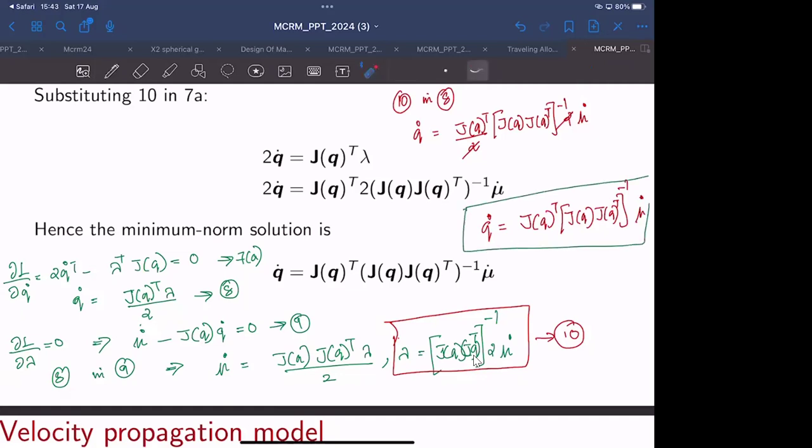Right? So for an underdetermined system, we use this matrix. We call this specific term, the matrix that is the coefficient of mu dot, the pseudo right inverse.